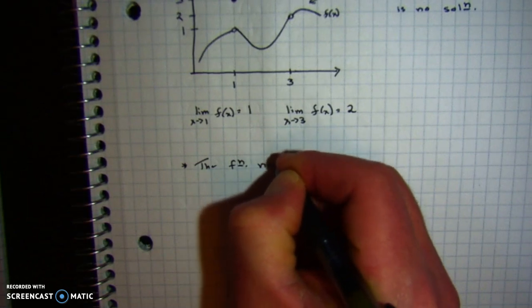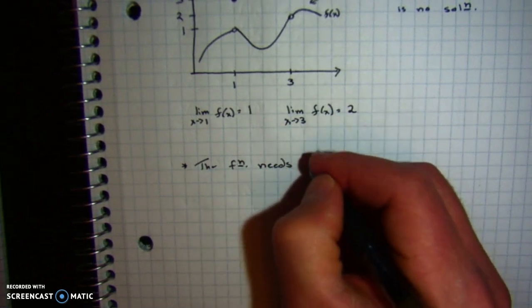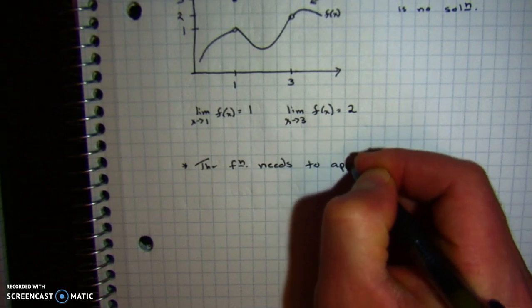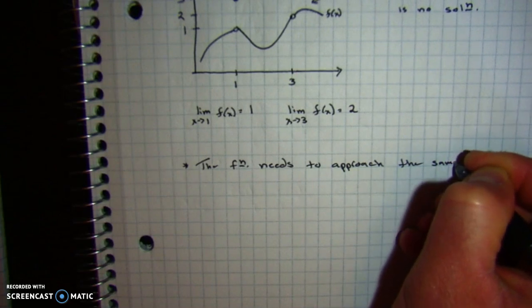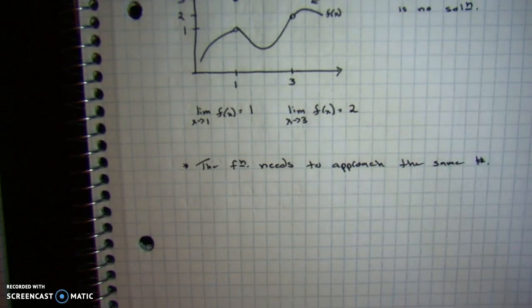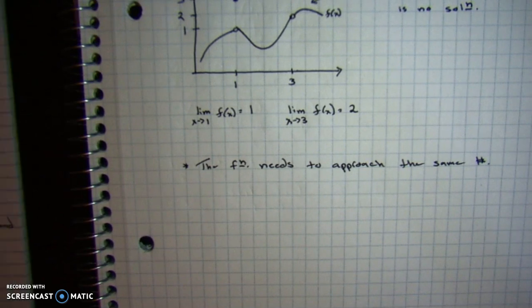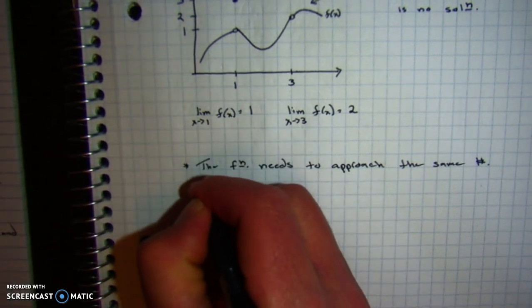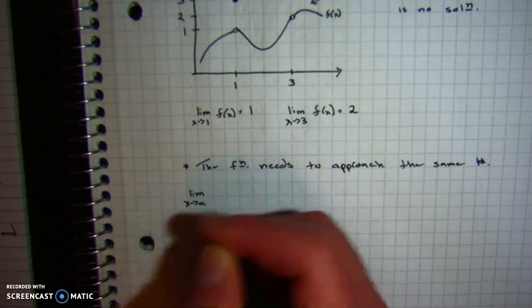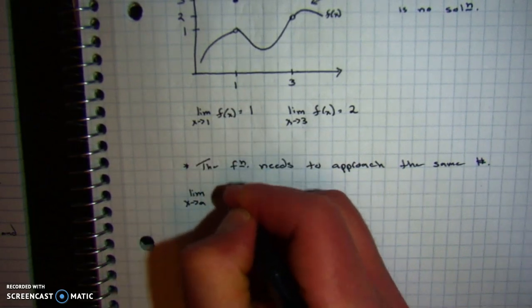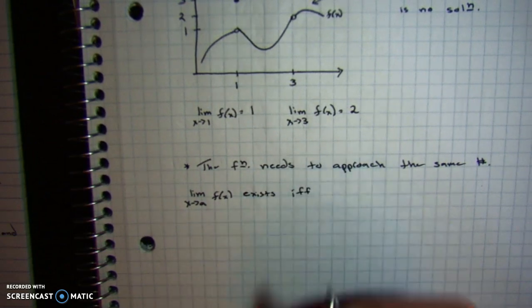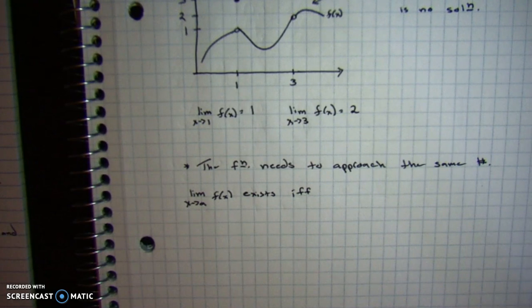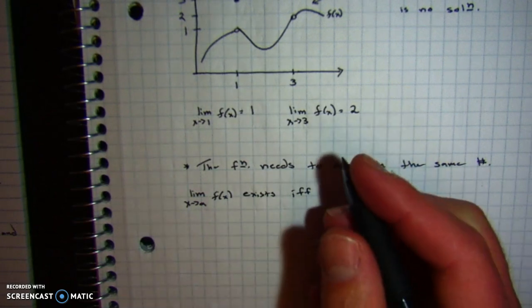So the way that that's described is the limit as x approaches some value a exists IFF. That's mathematicians, we're kind of inherently lazy and we like our abbreviations. So IFF is if and only if.